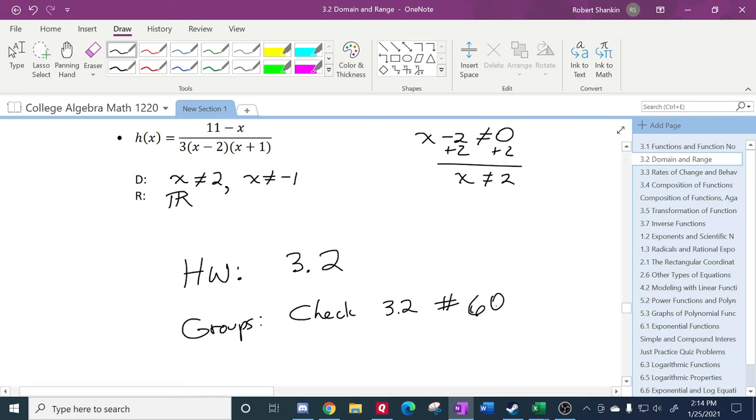When your group gets together in some remote fashion, go over number 60 together. Make sure everybody understands it, and everybody agrees on a common answer. Make sure you do that problem individually first before you get together as a group.